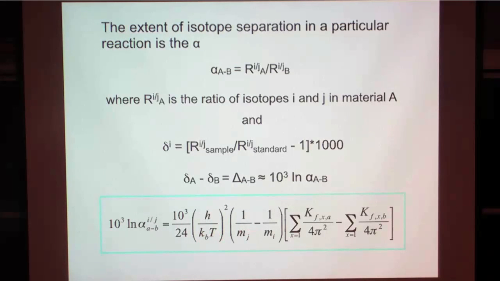This is why I said earlier that the higher the mass, the less the fractionation, because these are in the denominator. And fractionation is a function of 1 over T squared, so temperature plays a huge role in stable isotope geochemistry. This is the equation that explains it. It falls out of the equations I showed you earlier through a lot of math, which I didn't want to derive here, but we recently derived in a paper last year that I can send you if you want. Or you can go to the original paper of 1947.